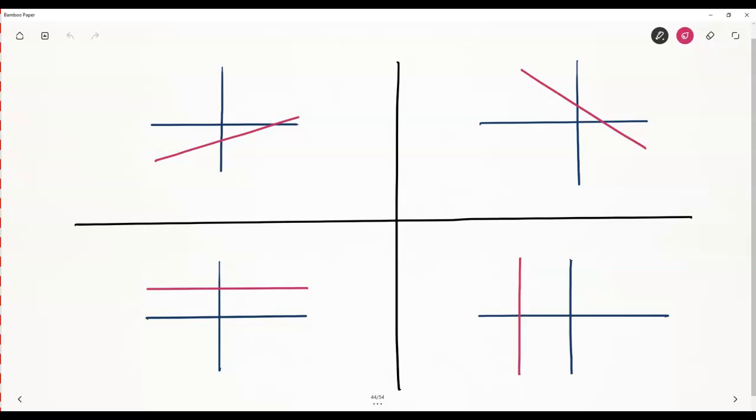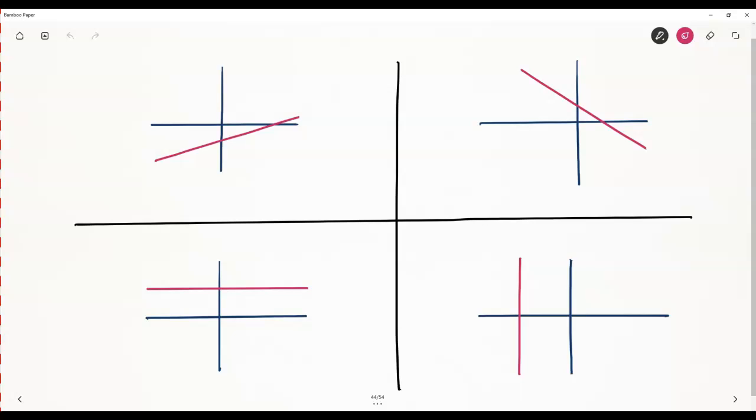Now, this black horizontal line and this black vertical line, those are not x and y axes. I'm just breaking my screen up into 4 pieces. I've got 4 graphs here. All of them have straight lines. One of them has a slope that's positive, one of them has a slope that's 0. One of them has a slope that's undefined, and one of them has a slope that is negative.